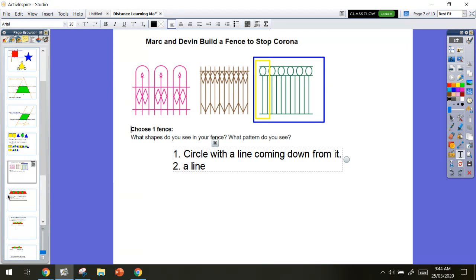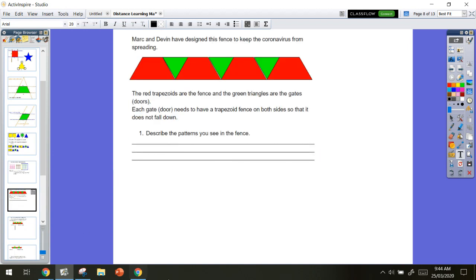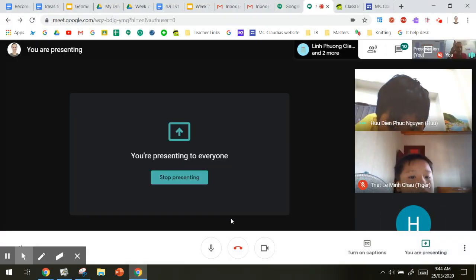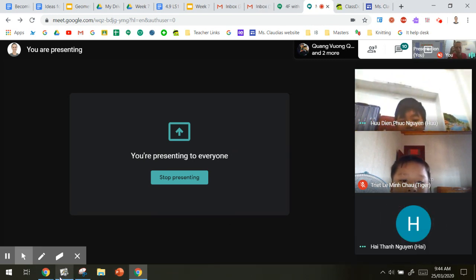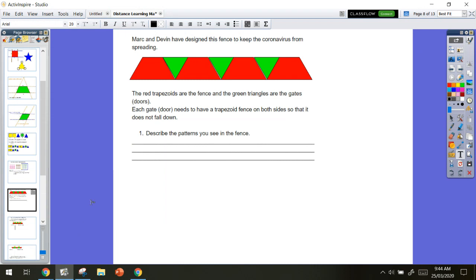Okay, so let's look at the second part. Who would like to read the directions for the second part? Hi, will you read the directions? The red trapezoids are the fence and the green triangles are the gate doors.